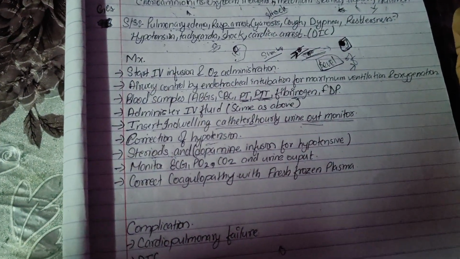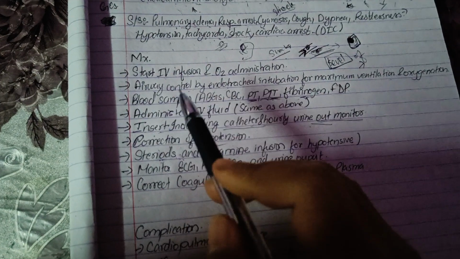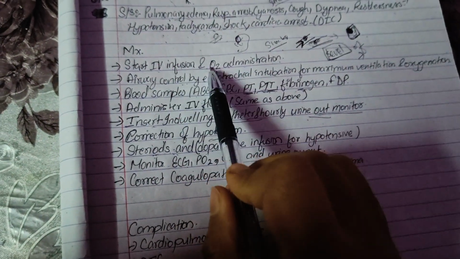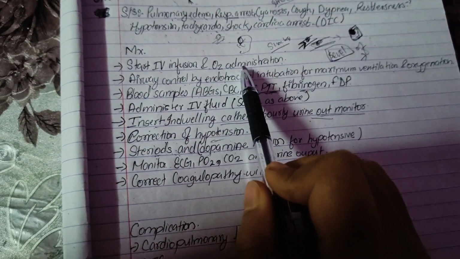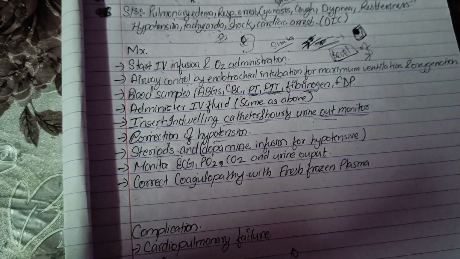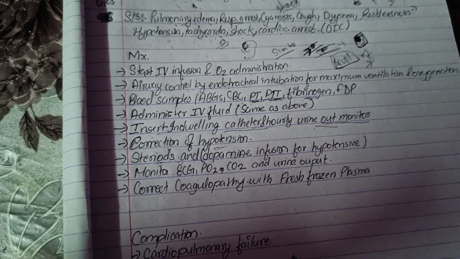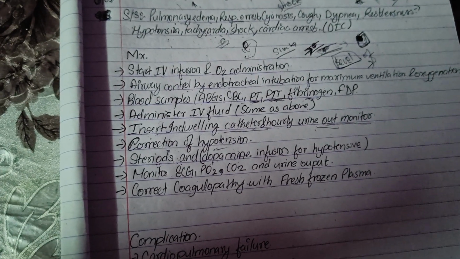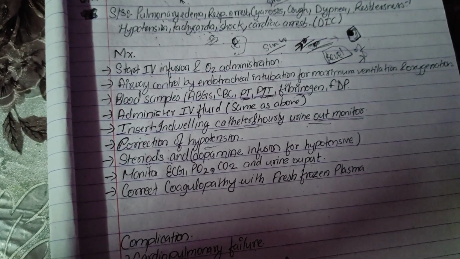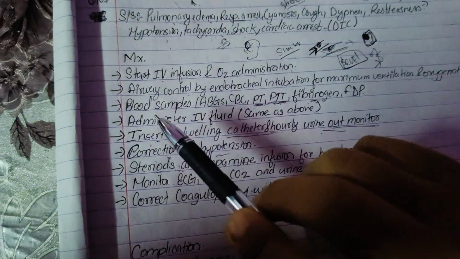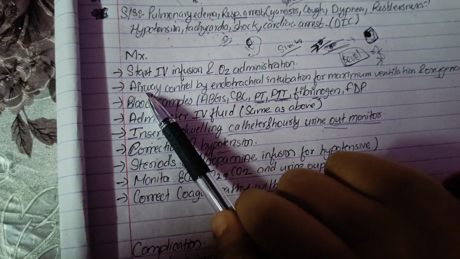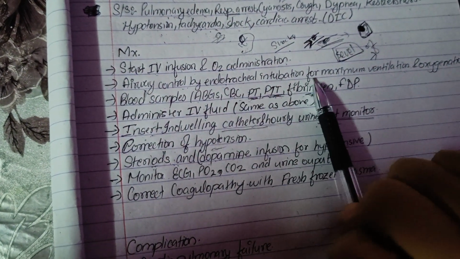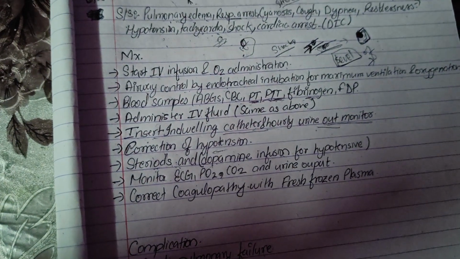What may be the management? Obviously, IV infusion can be given, and oxygen administration can be given. And if the patient has loss of consciousness, or her level of consciousness is low, we can do airway control by endotracheal intubation and provide ventilation and oxygen.